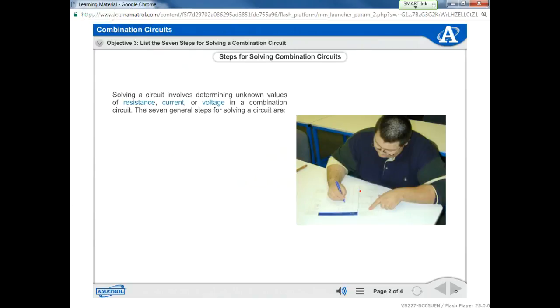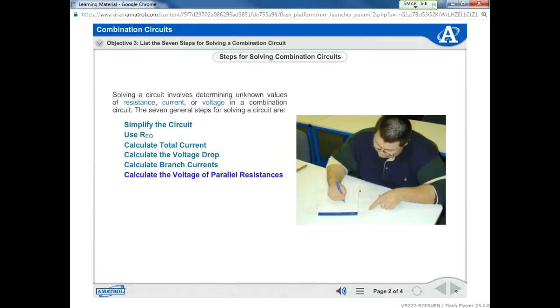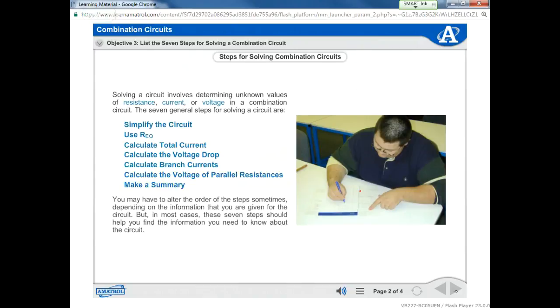The 7 general steps for solving a circuit are: simplify the circuit, use R sub EQ, calculate total current, calculate the voltage drop, calculate branch currents, calculate the voltage of parallel resistances, make a summary. You may have to alter the order of the steps sometimes, depending on the information that you're given for the circuit. But in most cases, these 7 steps should help you find the information you need to know about the circuit.